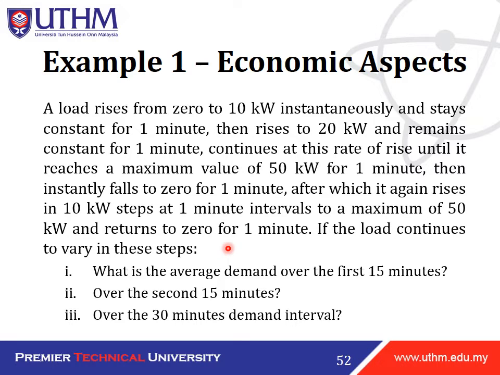Continue at this rate of rise until it reaches the maximum value of 50 kilowatt for 1 minute, then instantly falls to 0 for 1 minute, after which is again a rise in 10 kilowatt steps at 1 minute intervals to a maximum of 50 kilowatt and returns to 0 for 1 minute.